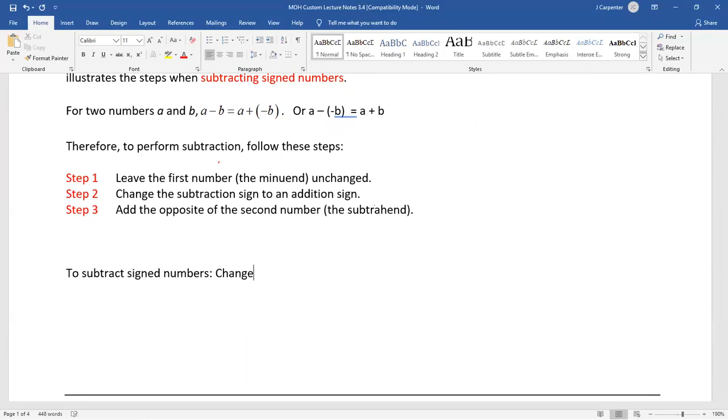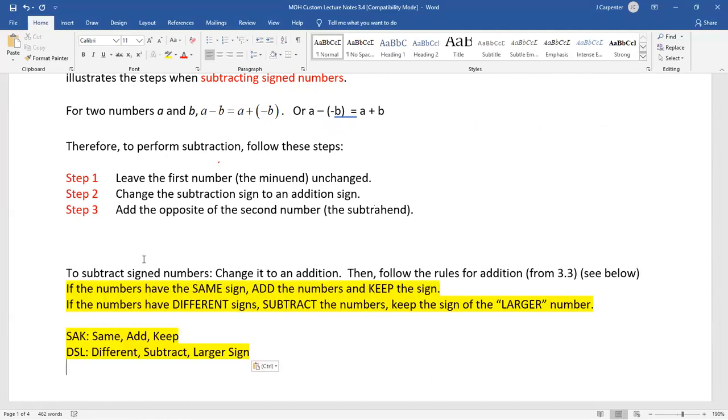You change it to an addition, then follow the rules for addition from 3.3, which I'm going to write one more time, the same copy paste from before, SAK and DSL. That's why I said several times last time that these rules were only for addition. When we get to subtraction, we still end up using the same rules, but we have to change it to an addition first.